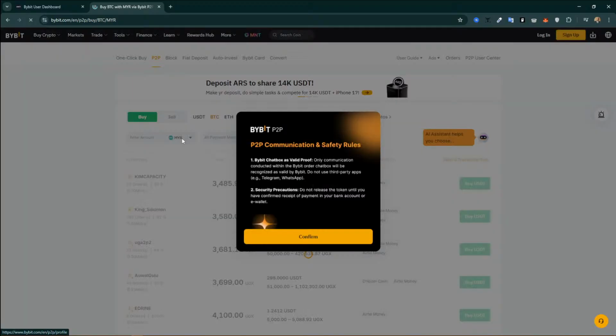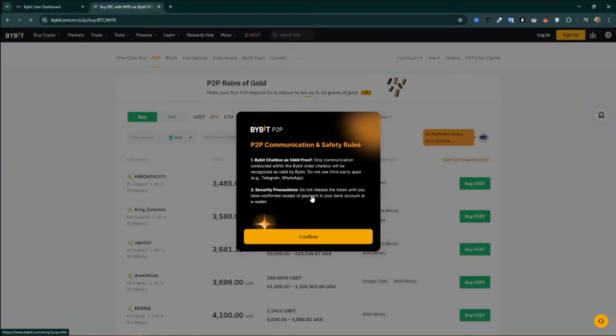So some of the process you go through to buy here on P2P. Some screenshots you need to take. There's also communication. You need to chat. You use the chat box within the platform to chat with the seller, and it's not recommended to switch to WhatsApp or Telegram to chat with the seller. For security precautions, do not release the token until you have confirmed receipt of payment, that is if you are the seller.